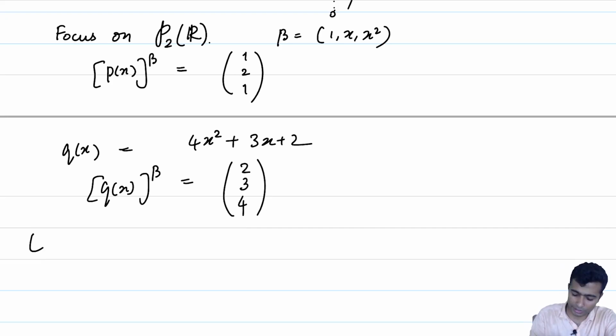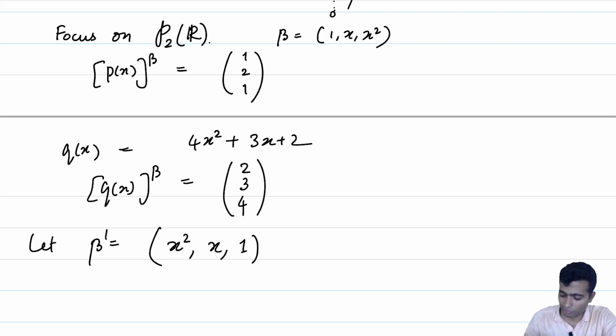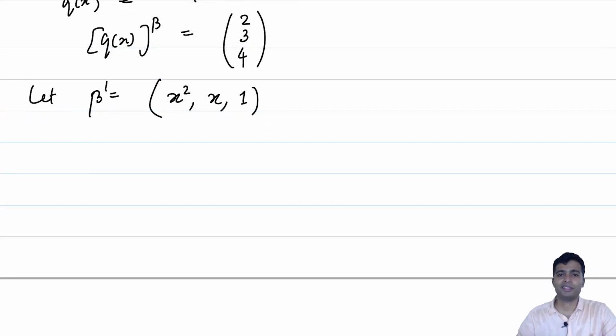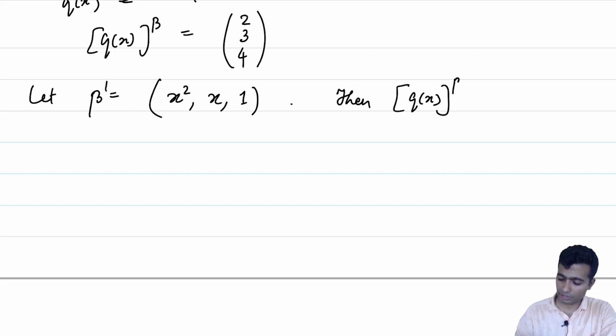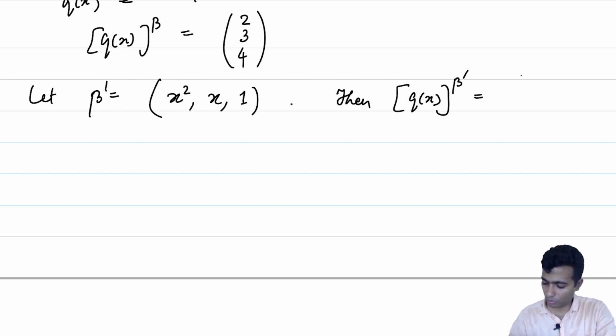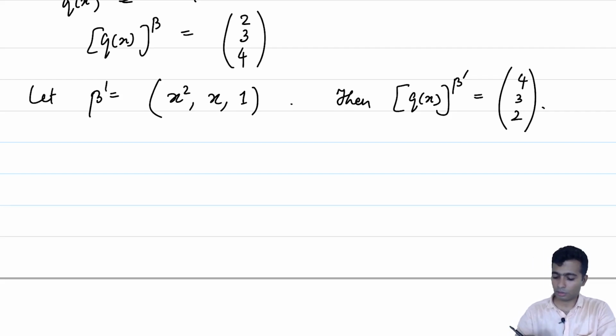What if we let beta prime be the polynomials x square, x, 1 in this order, basically the reverse order as in beta. This could also have been the order in which we started looking at the basis. And then what would be q of x with respect to this beta prime? The coordinate vector of q of x with respect to beta prime will just turn out to be equal to 4 3 2. So as you can see, this example illustrates two things.